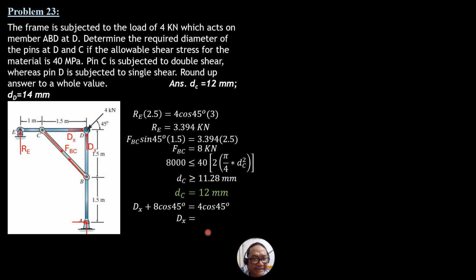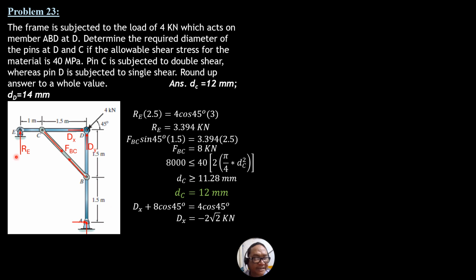So D sub x is negative 2 square root of 2 kilonewtons. So that means the assumption is wrong. So it should be leftward. But I will not change that. Anyway, we just want the magnitude of the pin force at D.